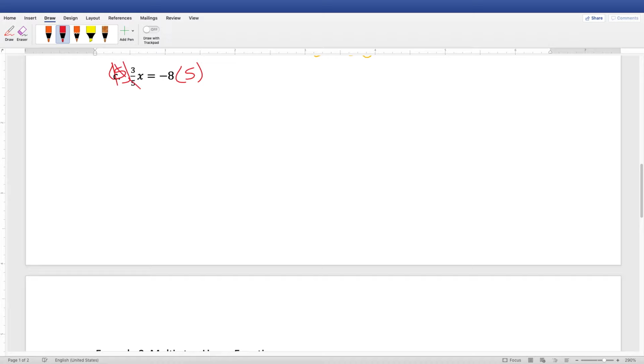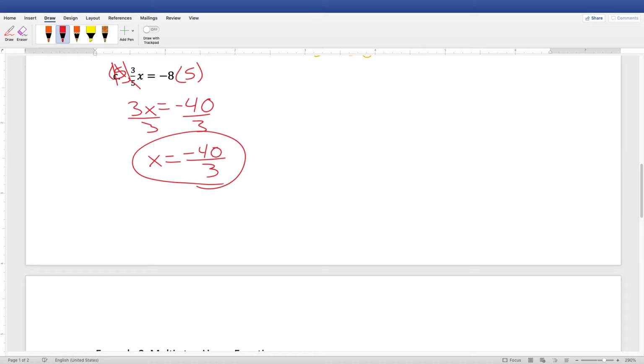My 5s cancel on the left side, leaving me with 3x is equal to negative 40. Now I want to get x by itself, and to do that, I need to divide both sides by 3. And my answer is x is equal to negative 40 over 3.